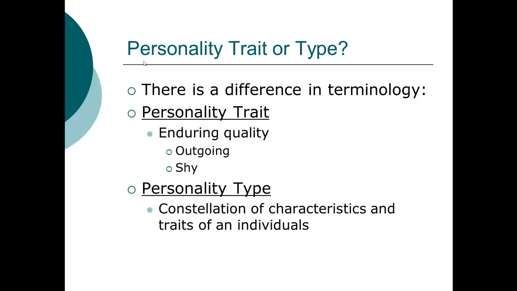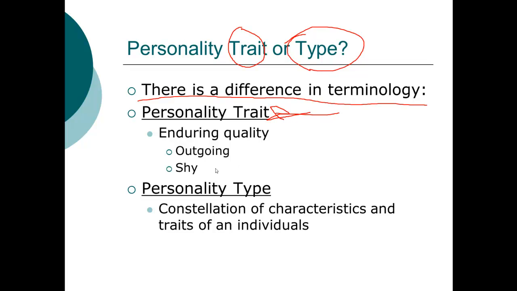are we talking about a personality trait or type? There is a little difference in the terminology. Your personality traits are an enduring quality, like if you're outgoing or shy. You can kind of tell real quick from children their personality traits.